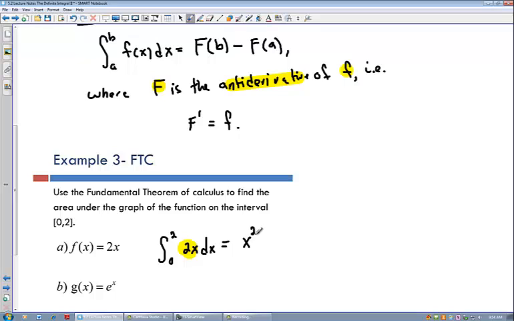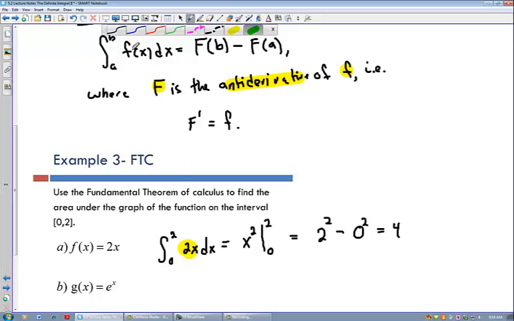And so x squared is that capital F, and the way we write evaluate at is this line from 0 to 2. So x squared evaluated from 0 to 2, and then we do what the fundamental theorem says, which is we plug in 2, so you get 2 squared, minus you plug in 0, and you get 0 squared, and that's equal to, of course, 4. 4 minus 0.